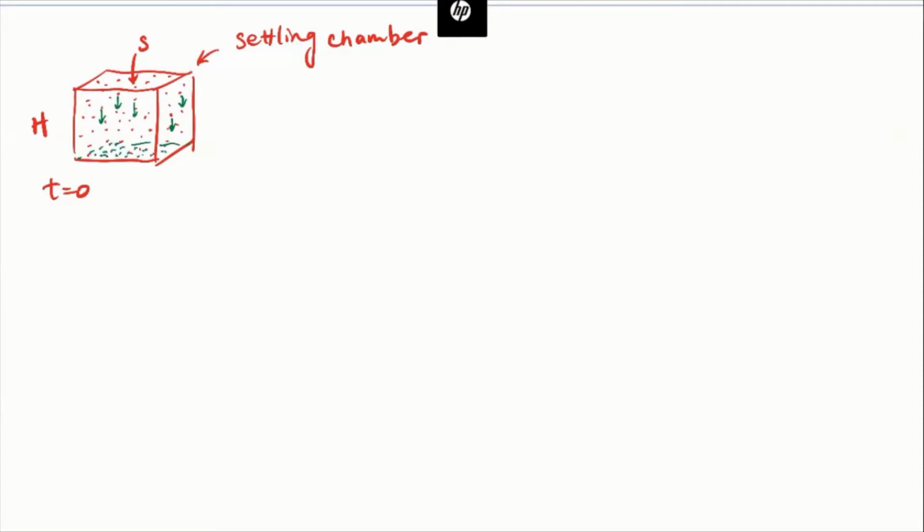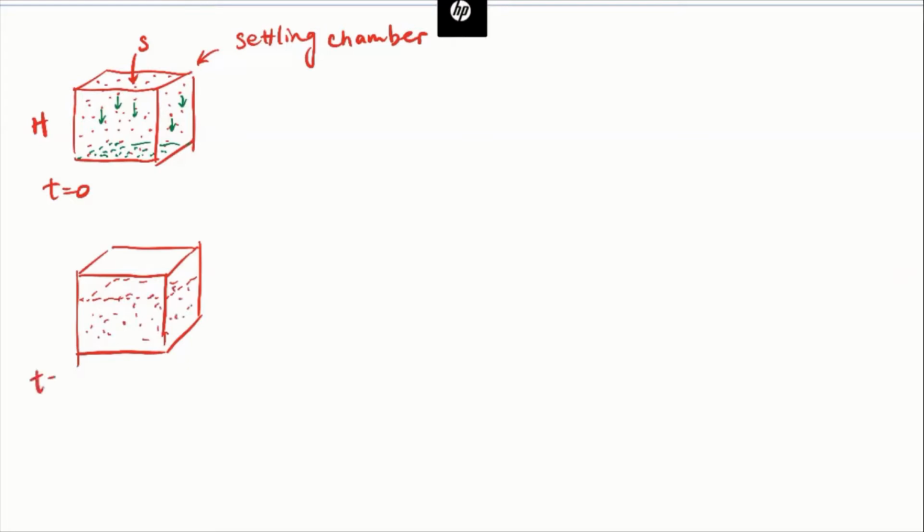So after a certain period of time, if we imagine what's happening in the box, we're going to see an imaginary boundary here, where above that there are no particles, but below that we can see these particles.